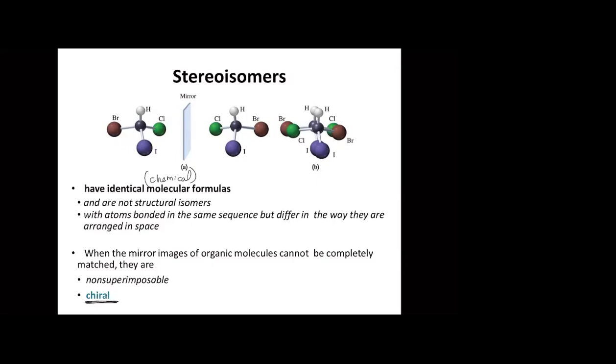So again, what is a chiral carbon? It is a carbon atom with 4 different groups around it.